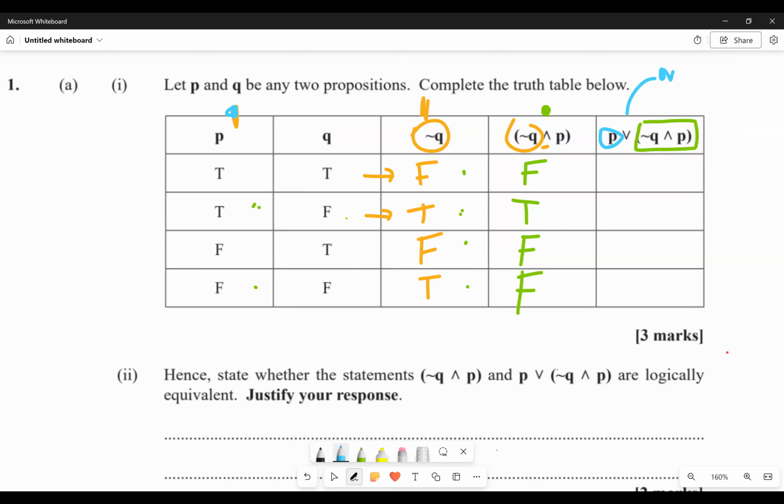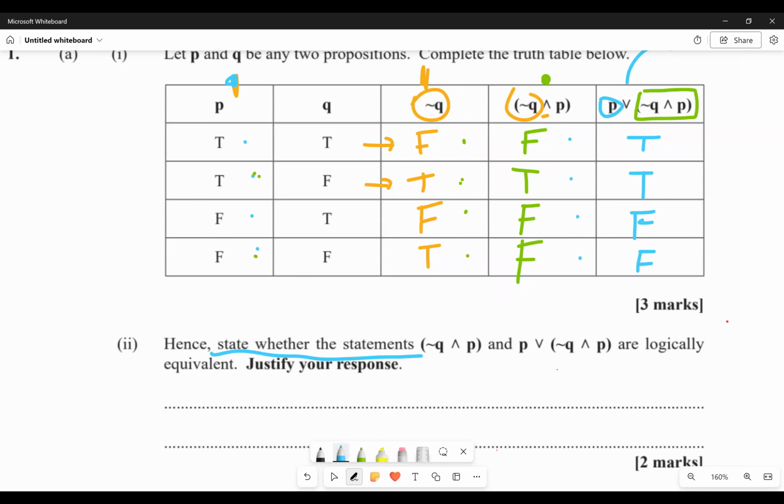So in this case, false or true will give us true. True or true will give us true. False or false will give us false. And then false or false will give us false.